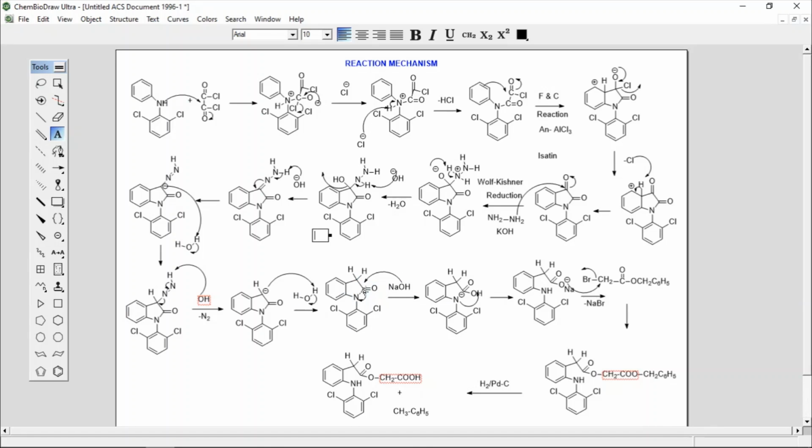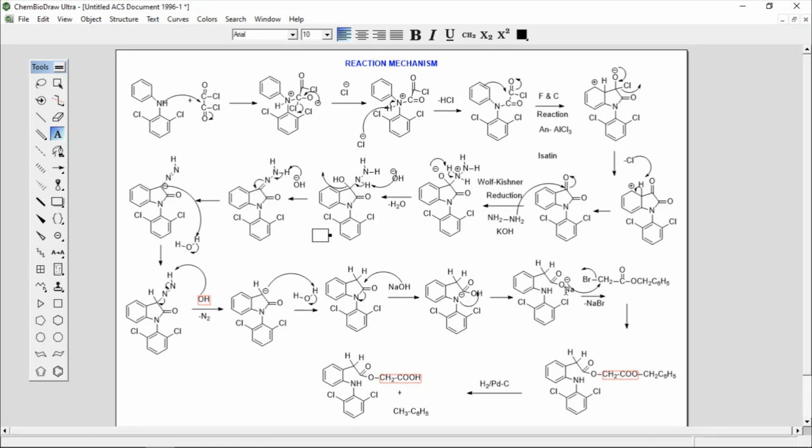The next step is simply the ring opening reaction. This NaOH will attack on this, and it will open this 5-membered ring, and there will be a negative charge on this nitrogen. It takes hydrogen from this OH group of your carboxylic acid and converts to NH. In the next step, this OH minus will attack on the benzyl bromoacetate, because this carbon is electropositive and Br is your leaving group.